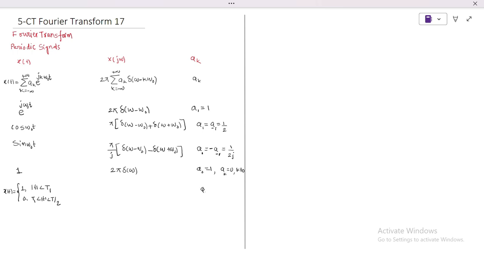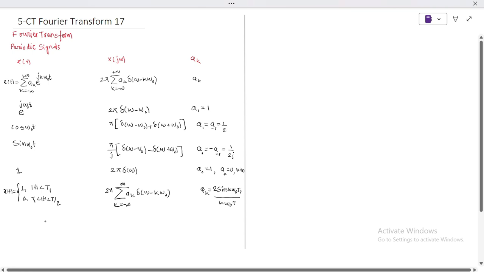You know the ak formula: ak equal to 2 sine k omega naught t1 by k omega naught t. For this case, here I'm not substituting that value directly, just writing ak into del of omega minus k into omega naught, k from minus infinity to plus infinity. So this is a periodic signal.